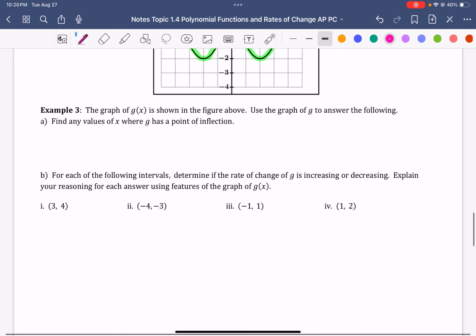Okay, so for example 3, they wanted us to find any x values where g has a point of inflection.